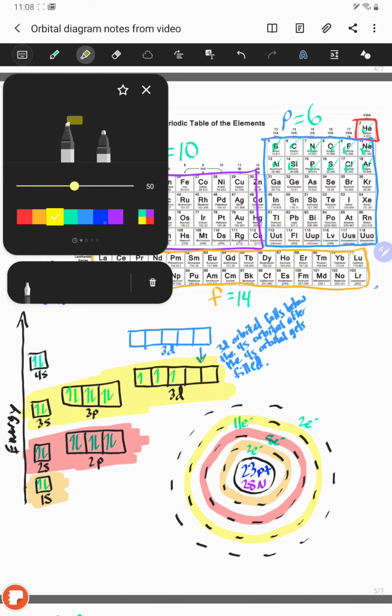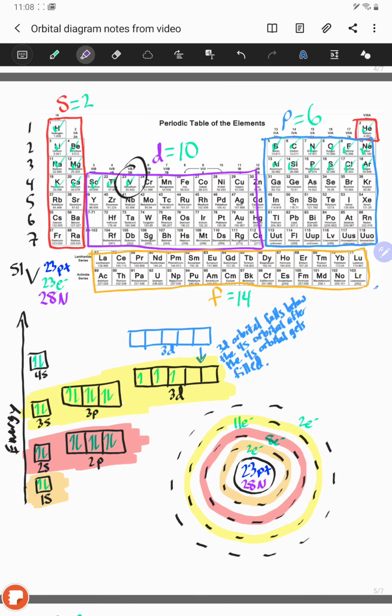And then lastly, let's look at our fourth energy level. I have 2 electrons drawn there, and 2 electrons in my fourth energy level on the Bohr model.